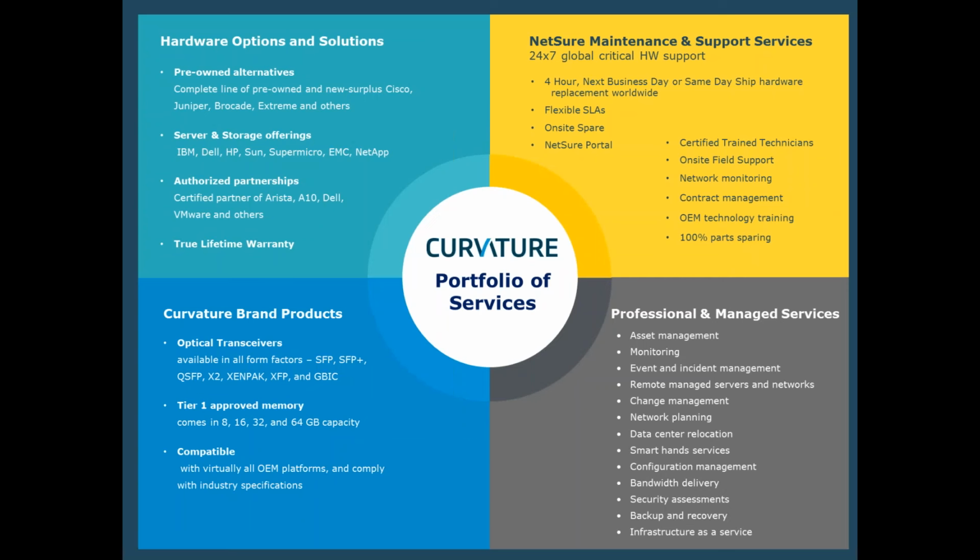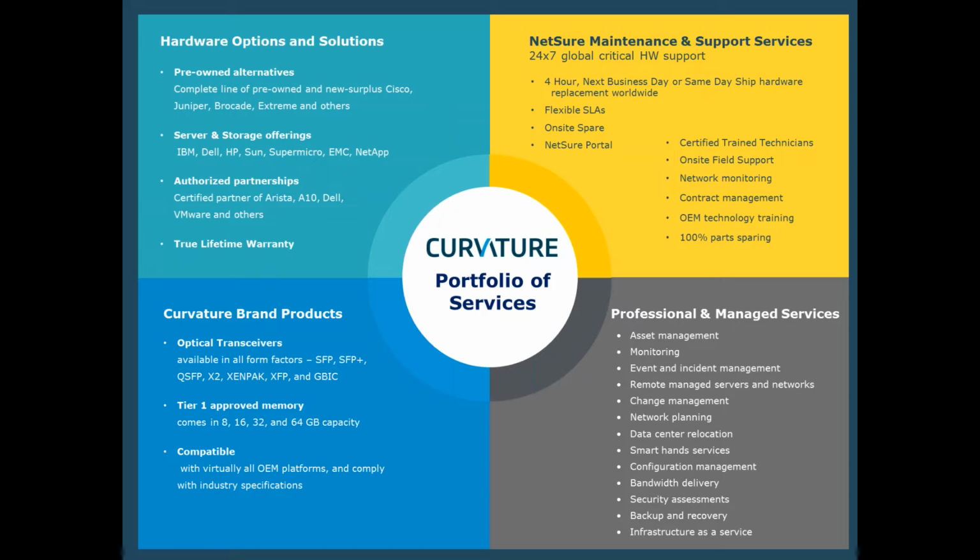One of the things that makes them also unique is not only is Curvature a hardware provider, but their clients have asked them to provide services that currently the OEMs are providing as well. That's extending the environment of their legacy environments, which includes NetSure, professional managed services, something as simple as monitoring and asset management, but also smart hand services.